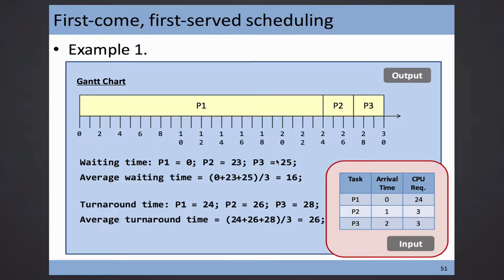I will guarantee that, based on this arrival pattern, what is the previous arrival pattern? Time 0 is the first guy. So P1 arrives first, then P2, and then P3. Based on this, you already have a queue. This guy is the head of the queue, this guy the second one, this guy the third one.